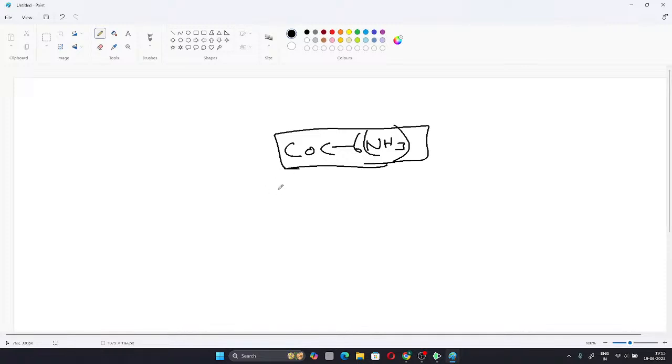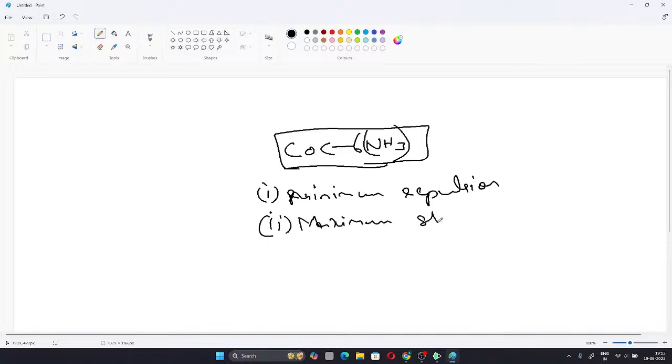The objective is to arrange them spatially in such a way that there is minimum repulsion and maximum stability.